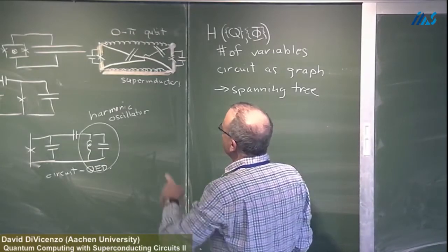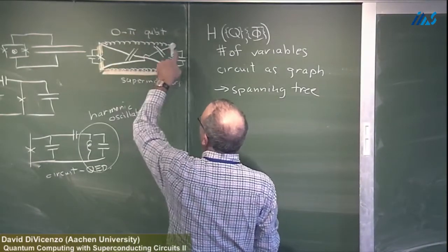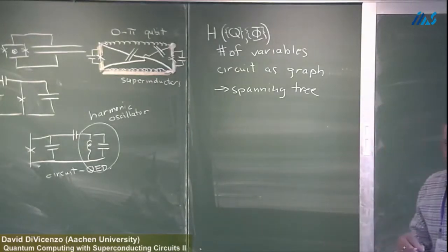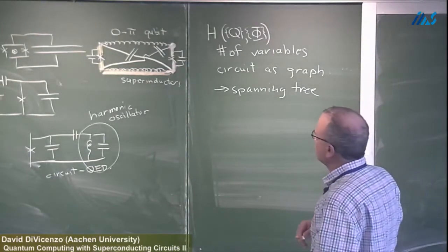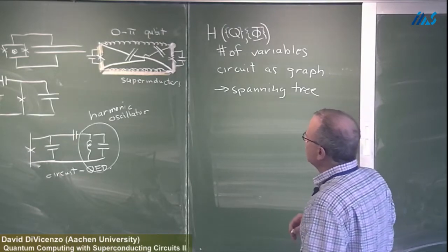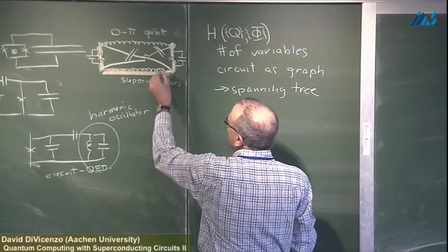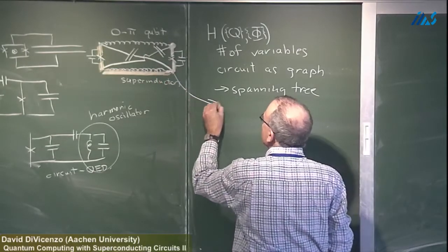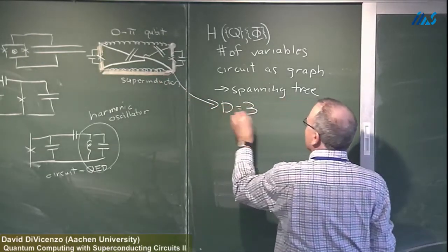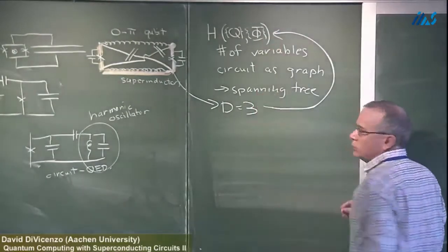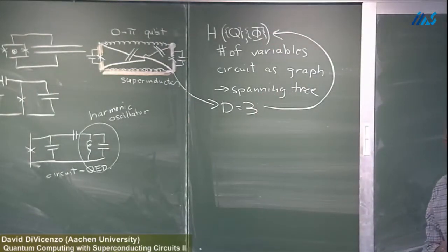It's maximal, and if you add back any more of these elements, you complete a loop of the circuit. So it's a maximal spanning tree. And so in fact, although the rules are a little bit more than this, there are 3 independent, so the dimension of this circuit is 3 in that sense. So the number of canonical variables that are needed to discuss this.